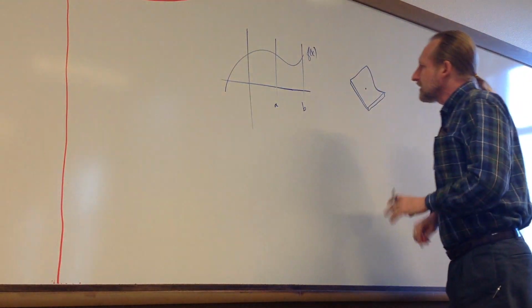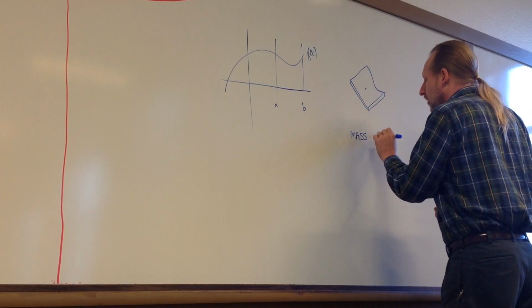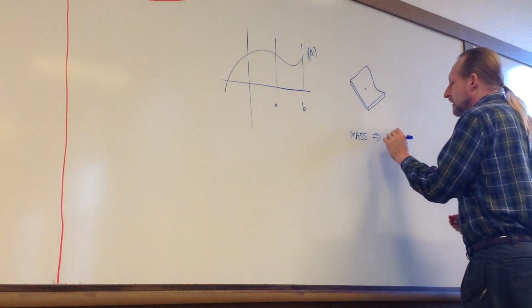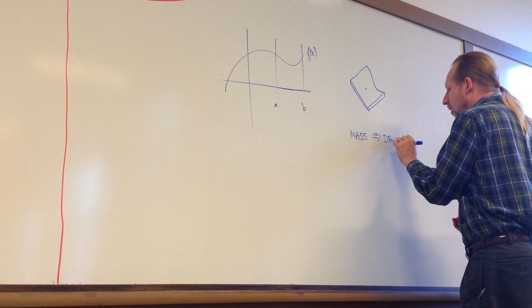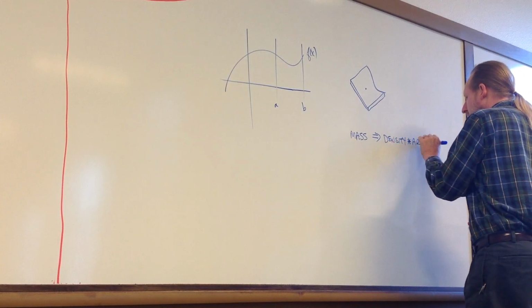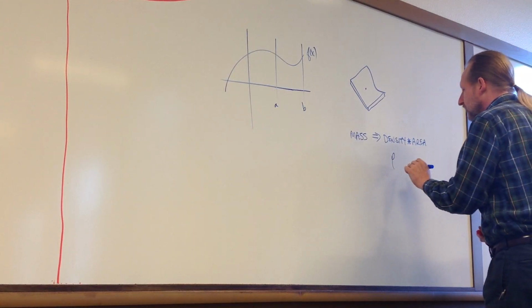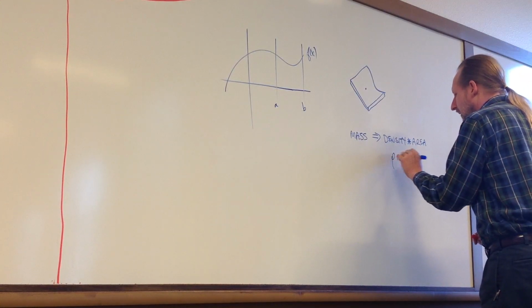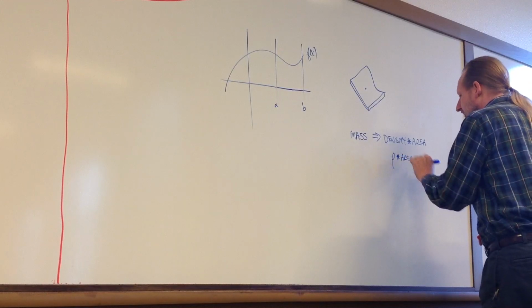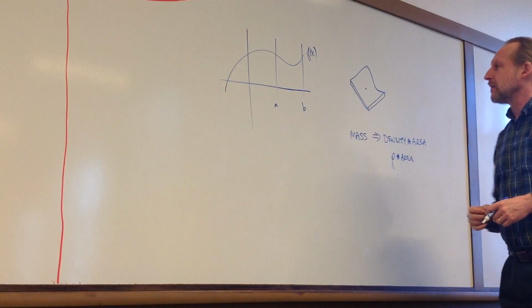So in place of mass for these problems, we're going to be using density times area. And the density we're going to represent with the Greek letter rho, multiplied by the area, and that should represent the mass of the object.